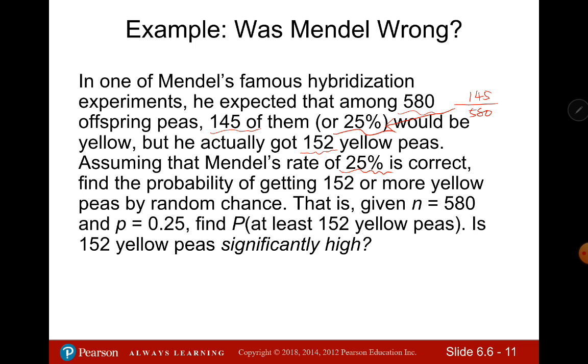We assume that 1 is correct. We want to get the probability. To see if the probability is very small or very large, then we can determine if this assumption is correct or not, right? So we need to find the probability of getting 152 or more. So here it's greater than 152, right?